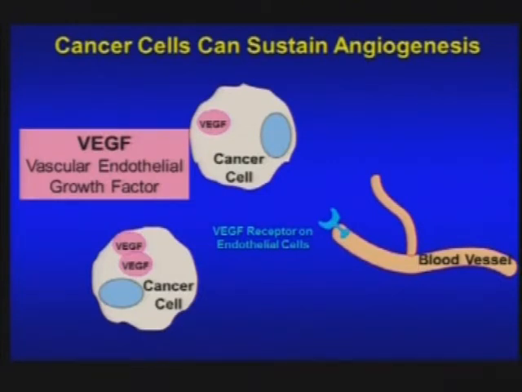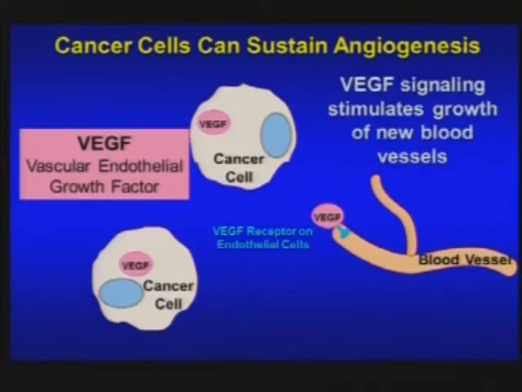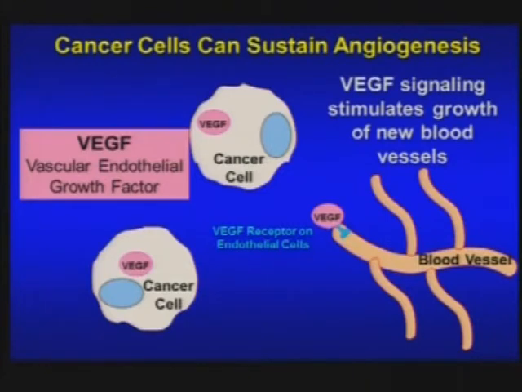But vascular endothelial growth factor is the most well studied. This growth factor can then bind to its receptors, the vascular endothelial growth factor receptors that are located on the endothelial cells, and signaling by VEGF stimulates the growth of new blood vessels so that they can facilitate further growth and amplification of tumor size.